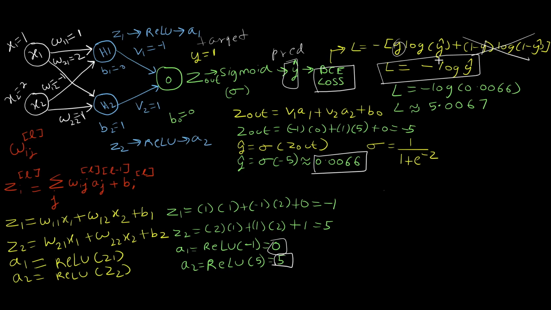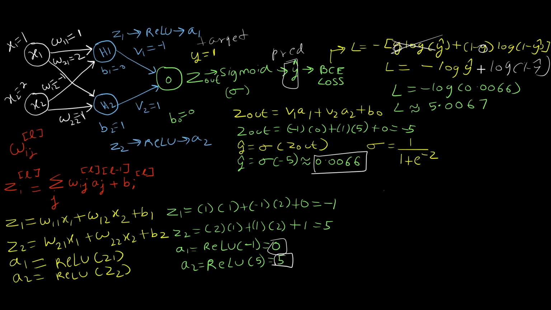Instead, if the output is 0, if we have 0 here, this term will go out and we will have this term alone, minus log of 1 minus y cap.